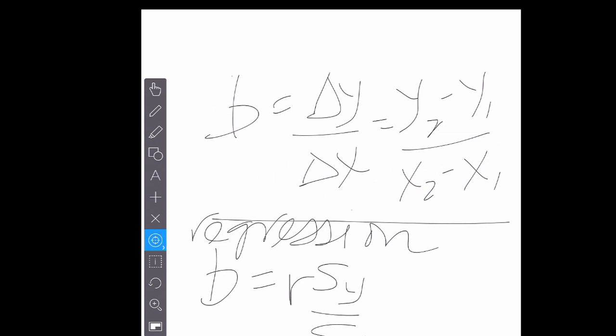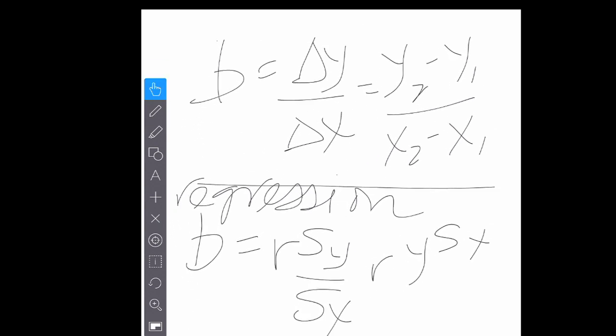In regression, we have many points, and the solution to which is the best line with the best slope is this one. This is the best slope of the best line. I mentioned in the notes and in the video that you should remember this formula as r, s y over s x. Oh, I have to make it a little bit smaller. Move it up a bit.